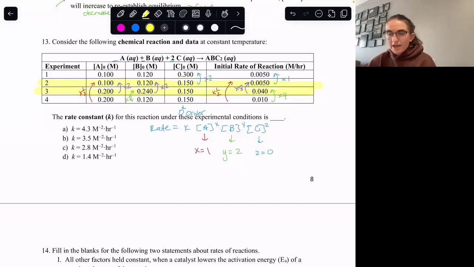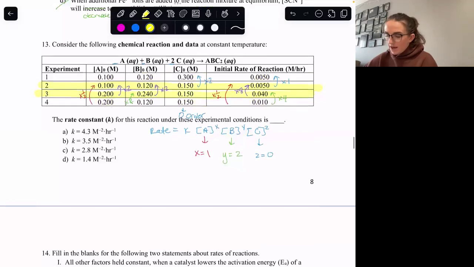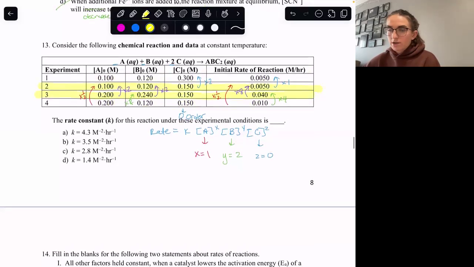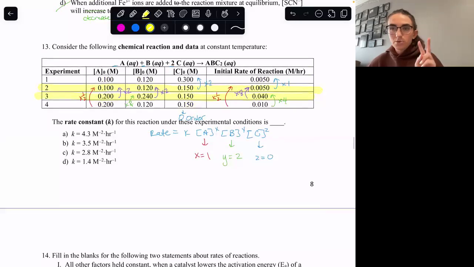So when A is doubling as we go from 2 to 3, that should double our reaction rate. And then we're also doubling B, so that means we have to multiply it by 4. So our rate is getting multiplied by 2 and by 4, and that's where the times 8 comes from if we're looking at experiments 2 and 3.